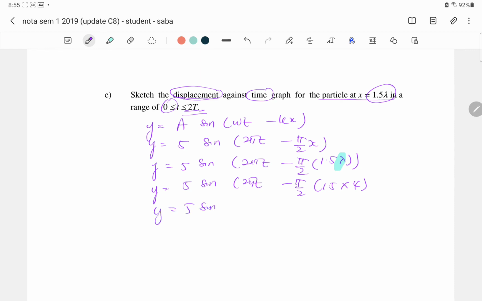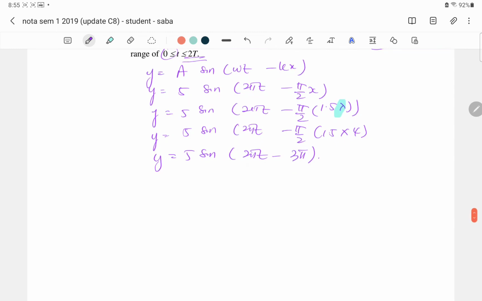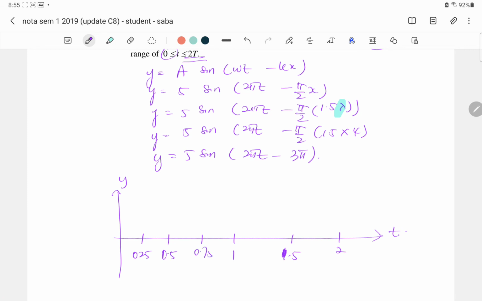y equals 5 sin(2πt − 3π). Again we plot the graph of y versus t. Here the period is 1 second, so I put 0.5, 1.5, 0.75, 1.25, 1.75.